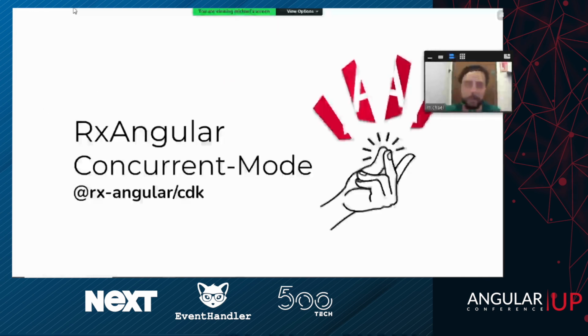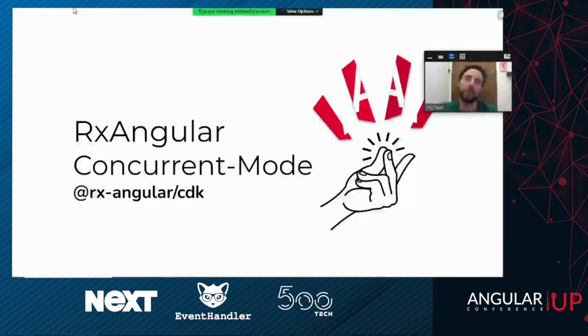The library that you would want to check out is called RxAngular, and we have three packages: RxAngular CDK, which is our component development kit. In this kit, we include all the strategies for concurrent rendering, all template management, and other tricks that we use. And then we have two other packages, RxAngular/template.